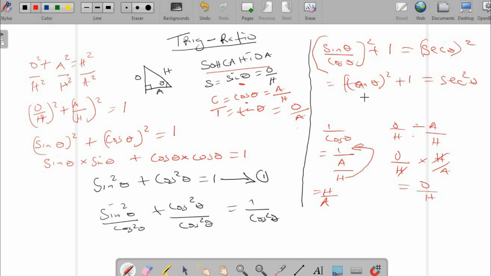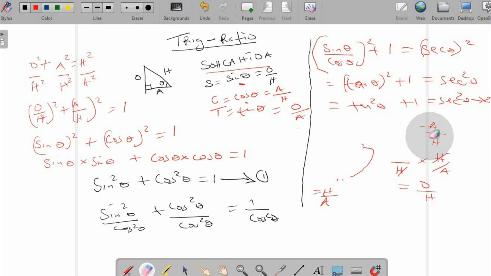That is how I got tan theta. Therefore we have tan squared theta plus 1 is equal to sec squared theta. This is the second identity of trigonometry ratios.